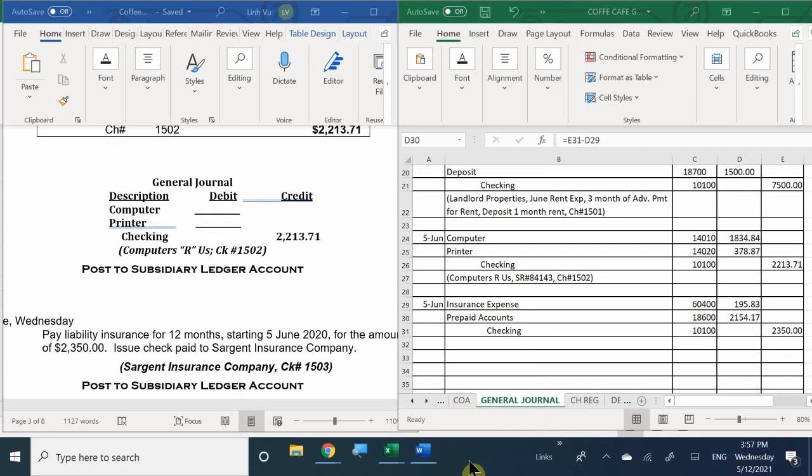Once again, this is where you have to make an adjustment every month, because as you move further down, you have to accrue for each expense because you've already paid for it in advance. So every month that you use it, you're going to have to make the adjustment there.